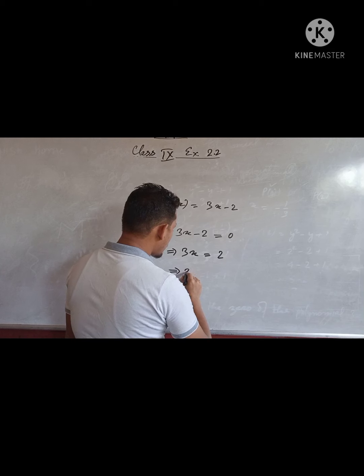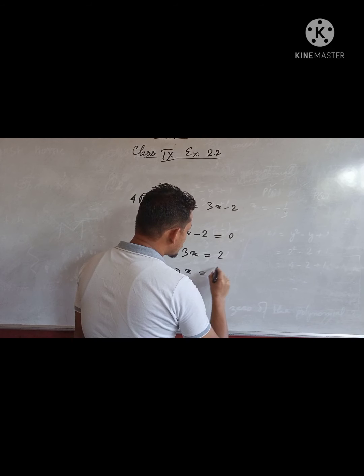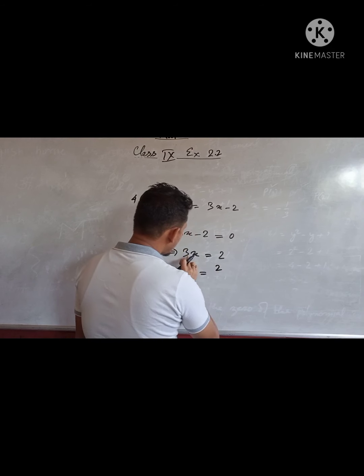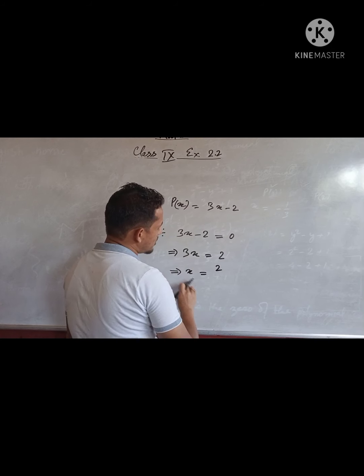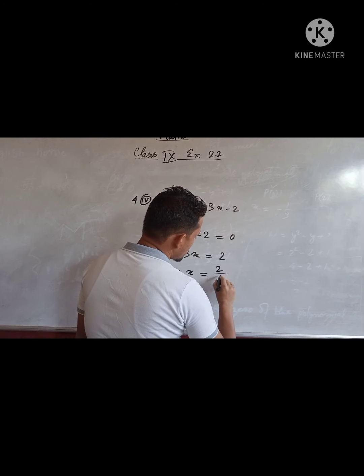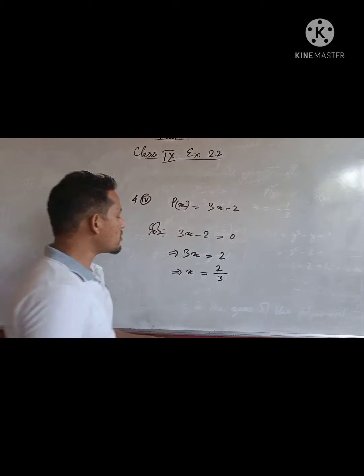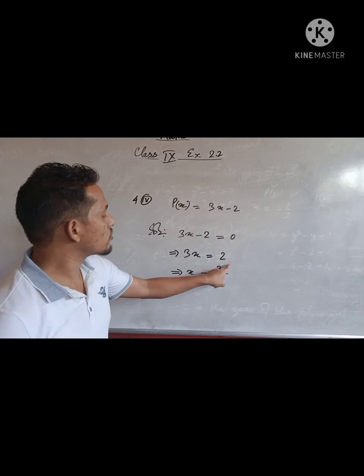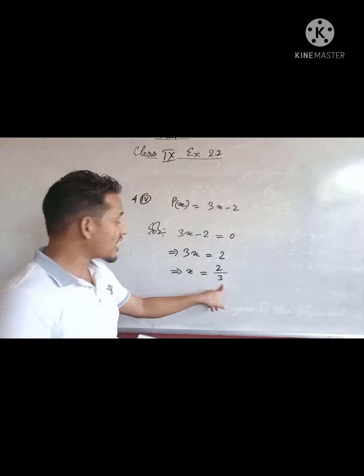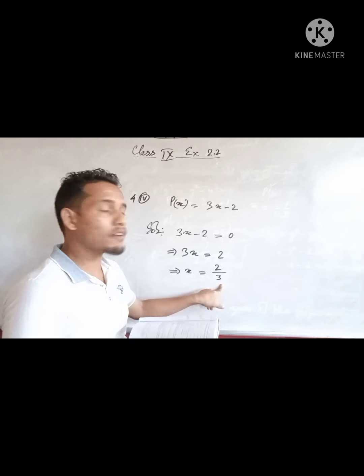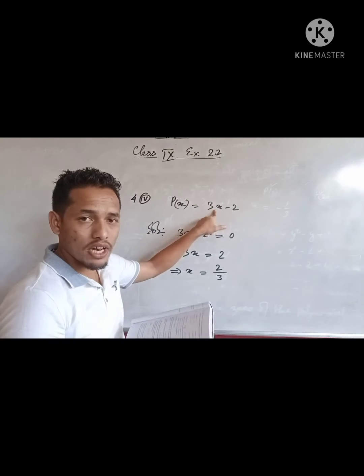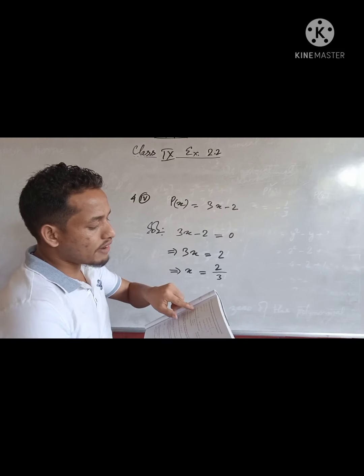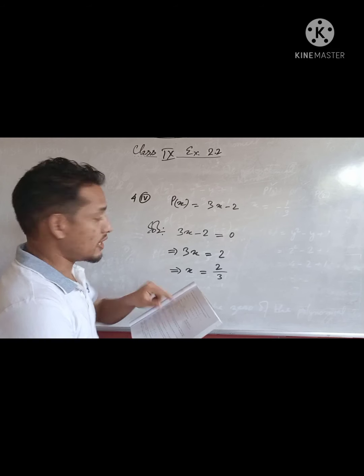The next step, x equals 2. This 3 is multiplied, so when it goes to the right side, it will become divided. So now we have got the value of x as 2 by 3. So whatever you get as the value of x, that will be the zero of the given polynomial, if they ask to find the zero of the polynomial.